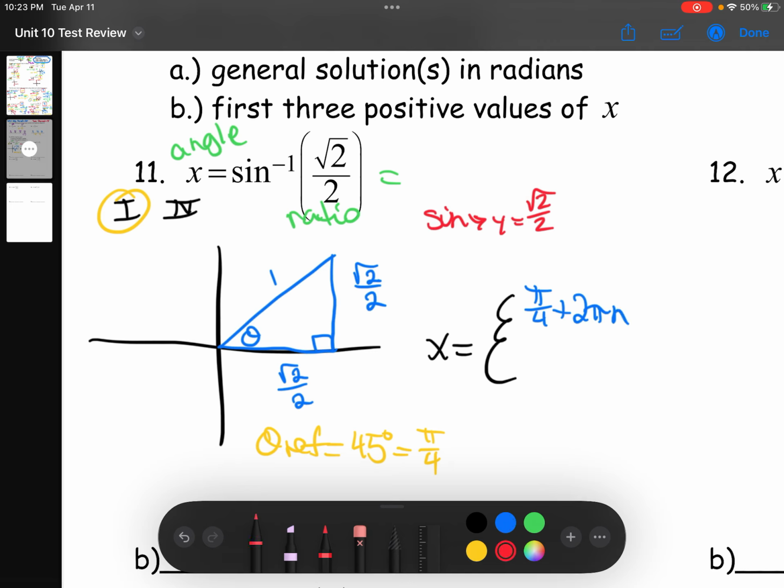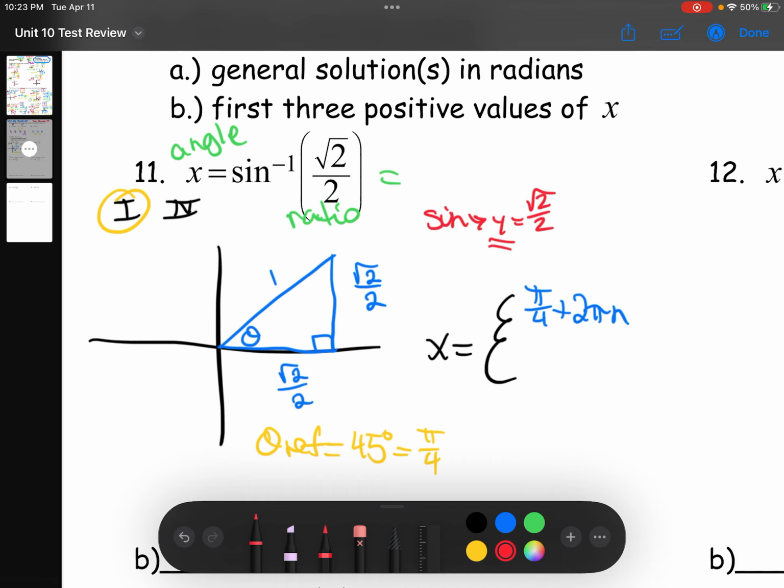Now, that is the principal inverse value. There is another value on the coordinate plane that has a sine of square root 2 over 2. And that happens in the other quadrant where sine is positive, not the other principal inverse quadrant. Those are different. We're looking right now for the other quadrant where sine is positive.